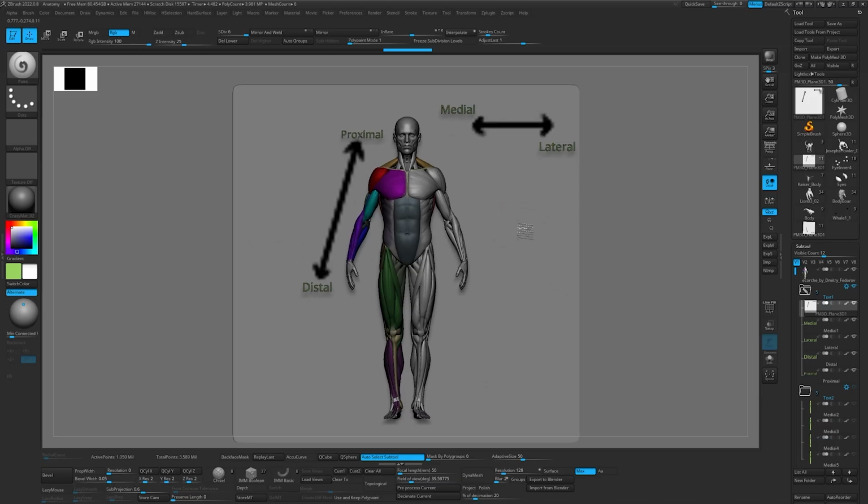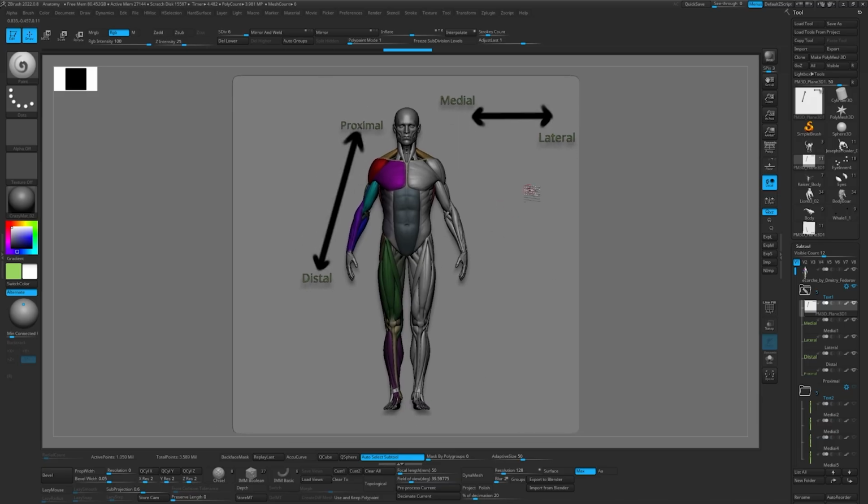Okay, so first off, let's go through some of the terms used in anatomy. Usually, medial and lateral, you'll see those quite a bit. Medial refers to stuff inside of the body, closer to the center, the midline, while lateral refers to the outer stuff.